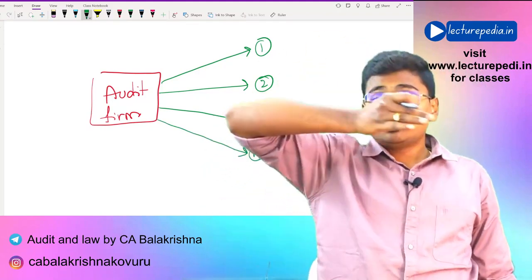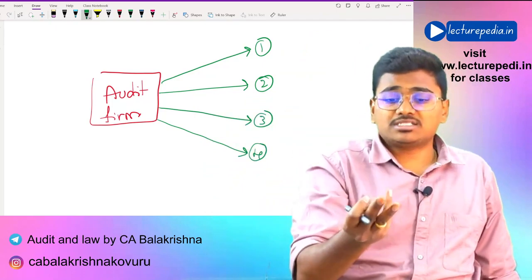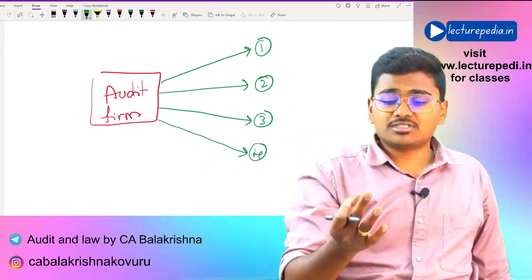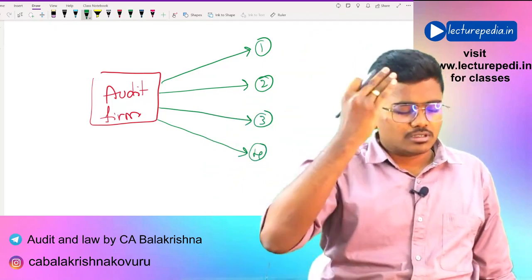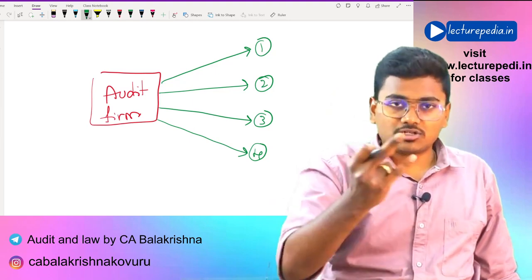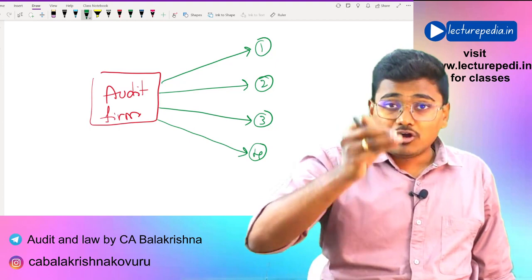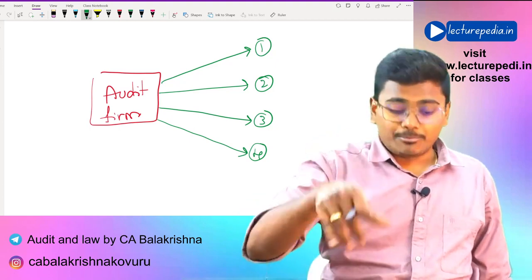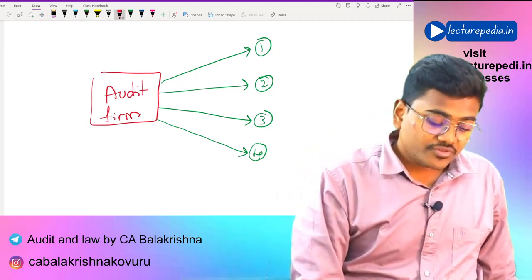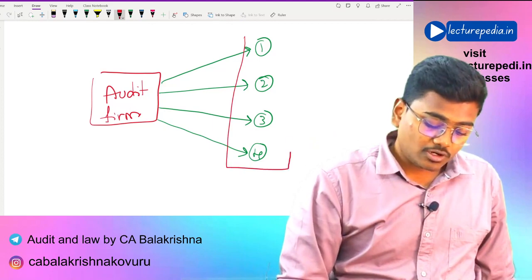Now all the normal standards, auditing standards, standards on related services, and standards on review engagement, all these standards will be applicable on the assignments that the audit firm takes up.